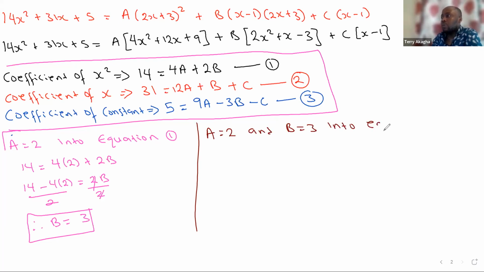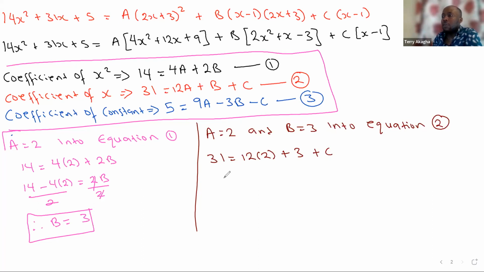Okay. Can you see? So equation 2, we have 31 is equal to 12 times a. Sorry. The a is 2. So it's going to be 2 plus, what is the b? The b is 3 plus c.